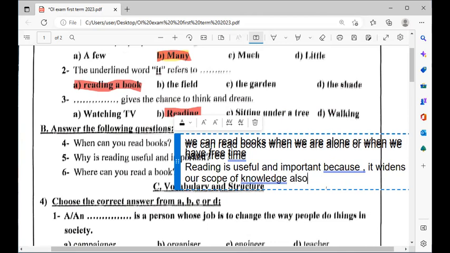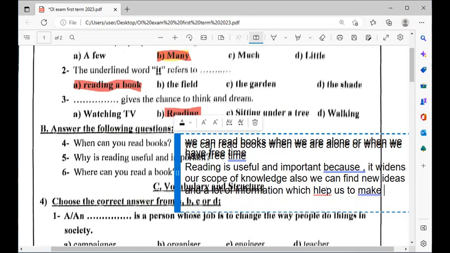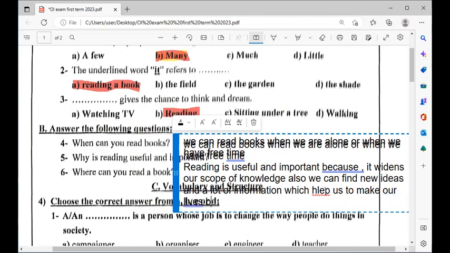Also, we can find new ideas and a lot of information which help us to make our lives better.